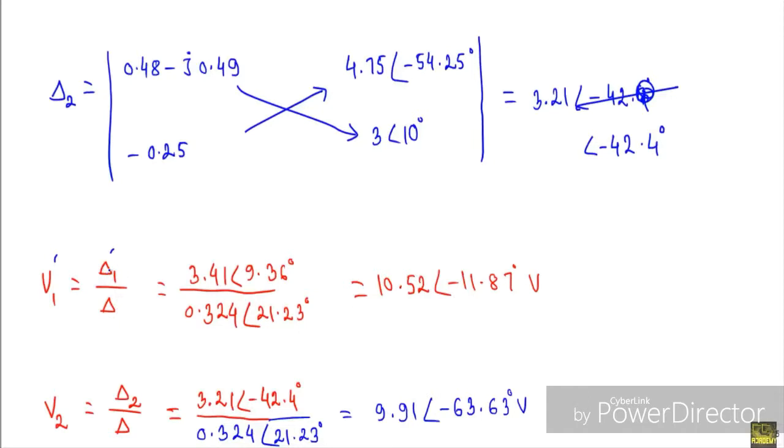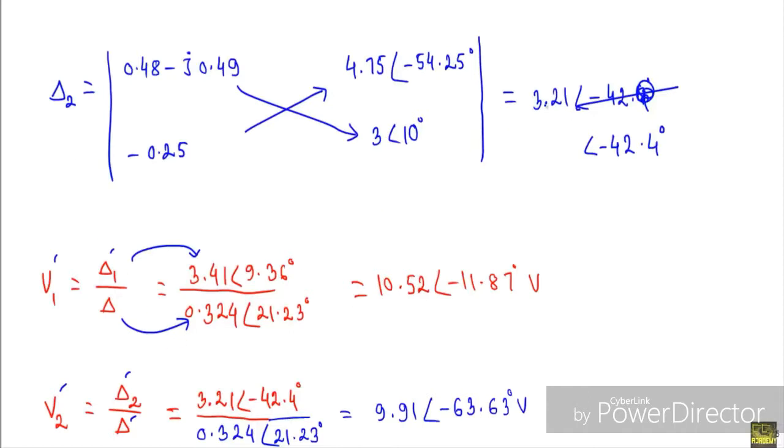So our node voltage V1 will be delta 1 over delta. Delta 1 is the determinant of the coefficients of V1. Here delta 1 is equal to 3.41 phase angle 9.36 degree, and delta is equal to 0.324 phase angle 21.23 degree. This will be equal to 10.52 phase angle 11.87 volt, and the voltage V2 will be equal to delta 2 over delta. Delta 2 is the determinant of the coefficients of V2.